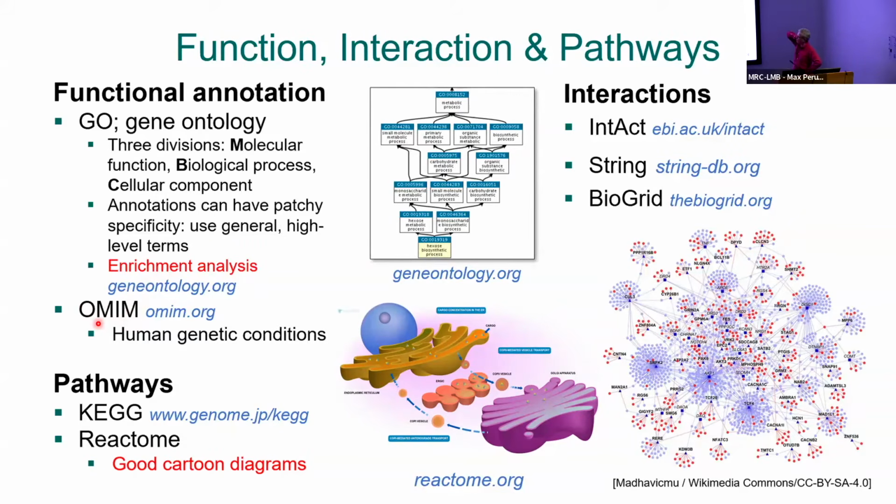OMIM database, which is the Online Mendelian Inheritance in Man. And there's also one for animals too, I think. And this is just a list of medically observed phenotypes and conditions, relating them to polymorphisms, indels, and structural changes in genes and proteins.